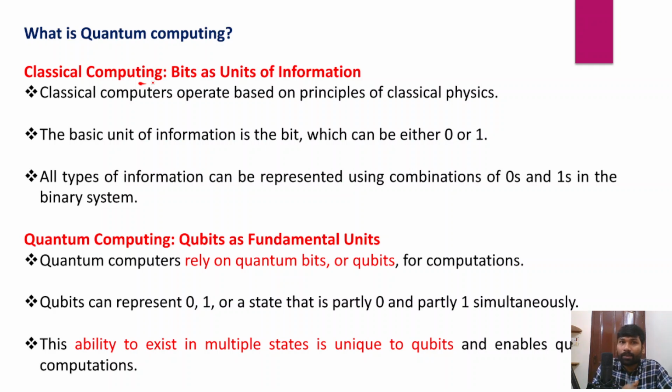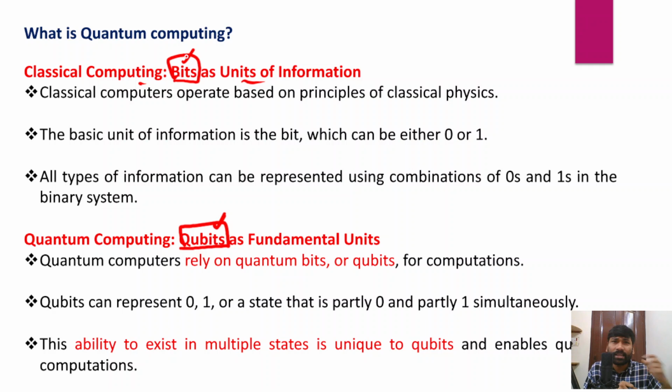In classical computing, bits are used as the unit of information, but on the other hand, in quantum computers, qubits are the fundamental units.